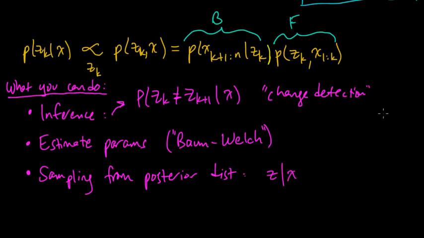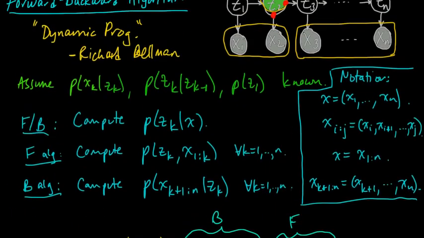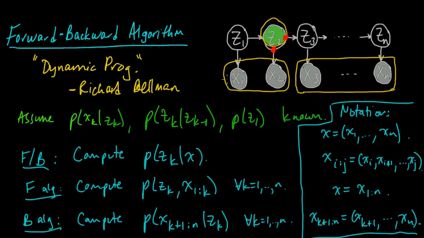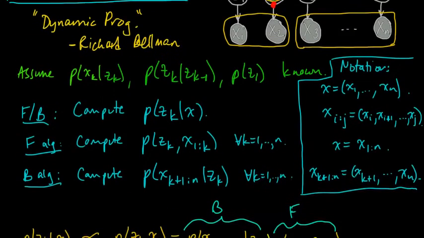This would be useful for visualizing, if you had some data, like maybe handwritten digits or handwritten letters, the writing when I wrote hidden Markov model, and you wanted to sample from possible interpretations of that. You could draw some samples, rather than just getting a single one. You can also get the most likely example; that's called the Viterbi algorithm, and we'll talk about that later. But you could also just see what some likely samples are. So those are some applications of what you can do with this.